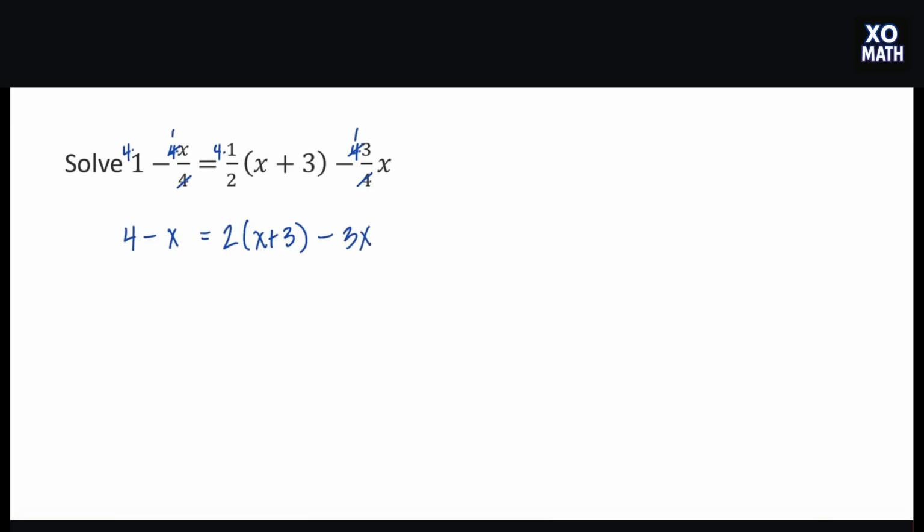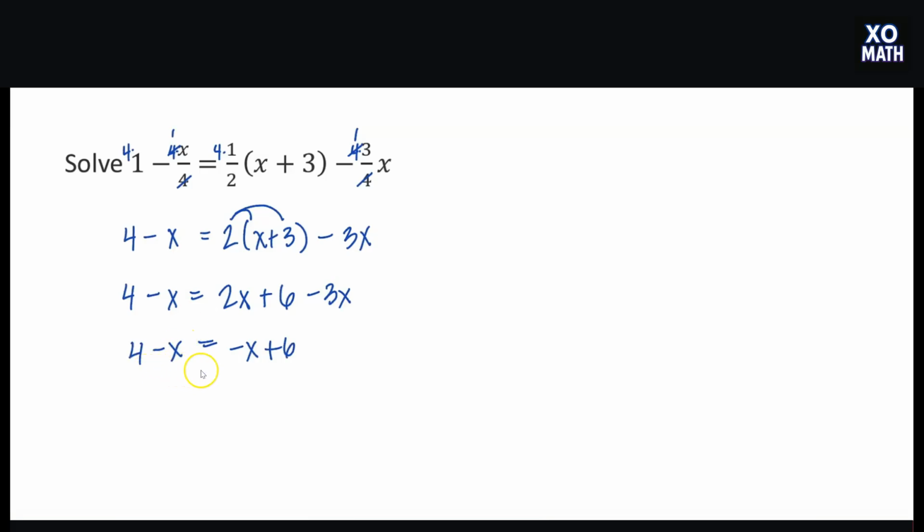So our fractions are cleared. Now we have a nicer linear equation. So we have 4 minus x is equal to, we'll distribute, 2x plus 6 minus 3x. So now 2x minus 3x is negative x plus 6.